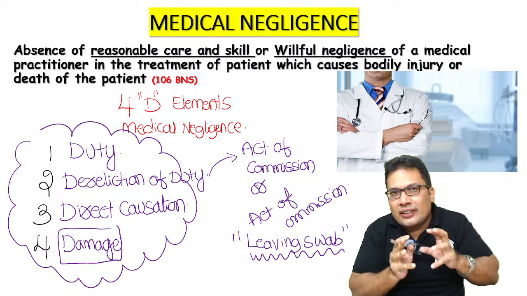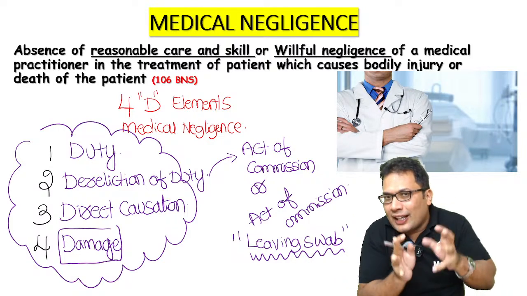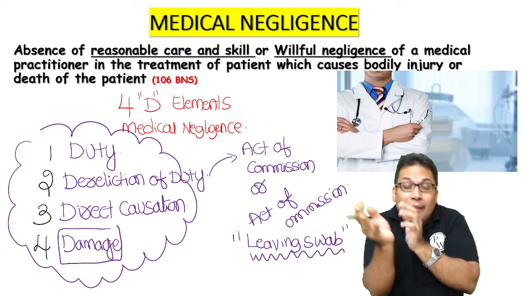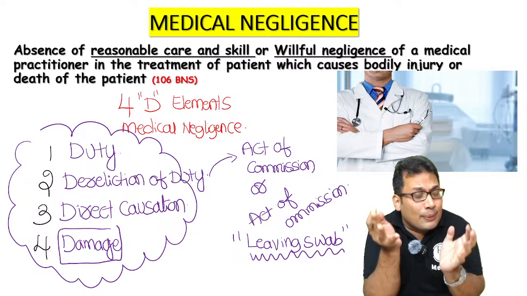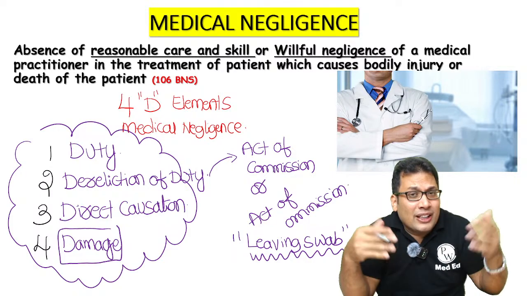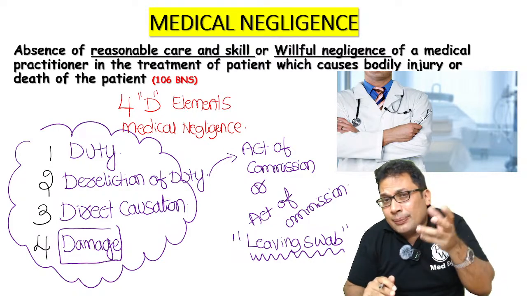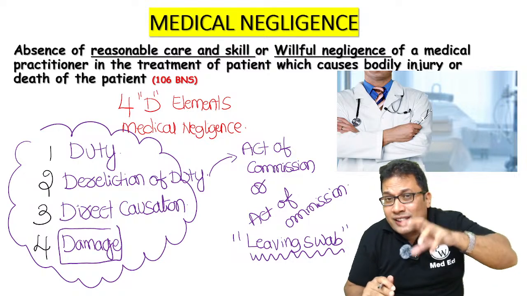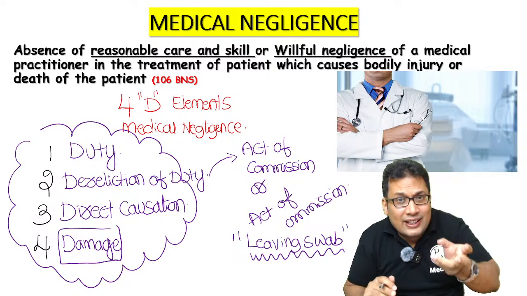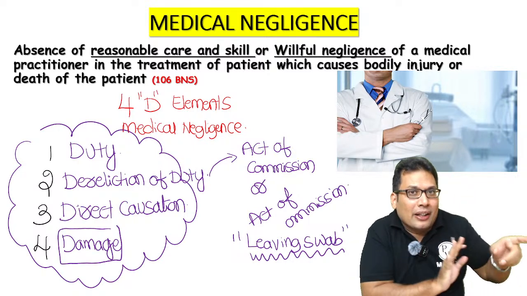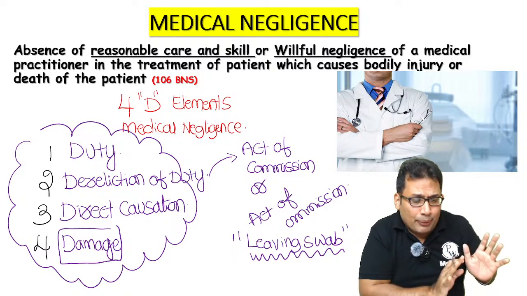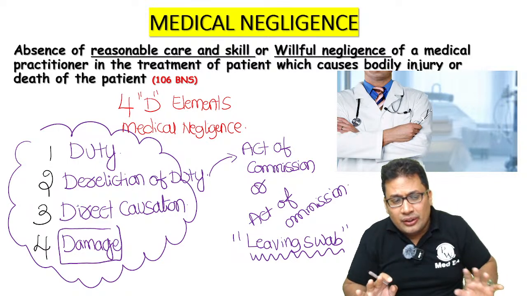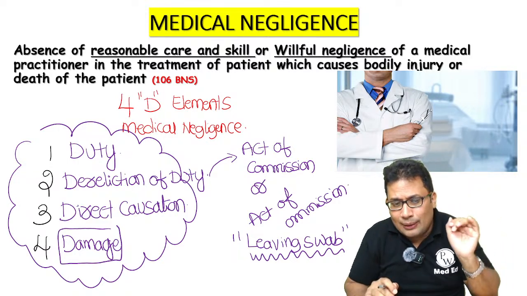Then D for direct causation. For example, leaving a swab in the abdomen, which is known as res ipsa loquitur, or the facts speak for themselves, leading to septicemia and death. That is direct causation, because of the doctor's negligence the death of the patient happened. Lastly, that is the damage. So all these are the 4D elements.